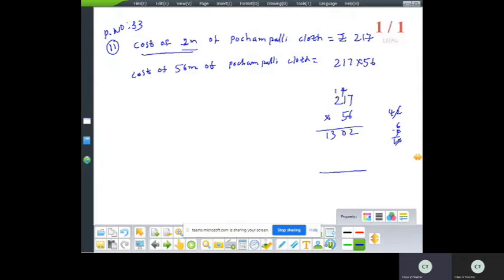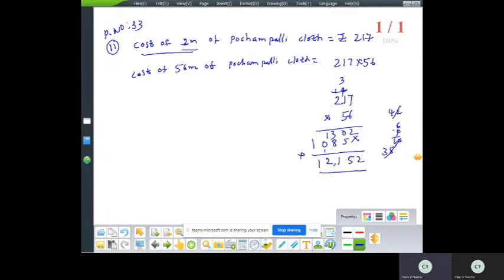Now the digit 5 in the tens place. 5 times 7 is 35. 5 is here, 3 is carried. 5 ones are 5. 5 plus 3 is 8. Next, 5 times 2 is 10, write directly here. Now do addition. 2. 0 plus 5 is 5. 3 plus 8 is 11. 1 plus 1 is 2, and 1. Yes. This is our total cost of 56 meters of Pochampalli cloth.